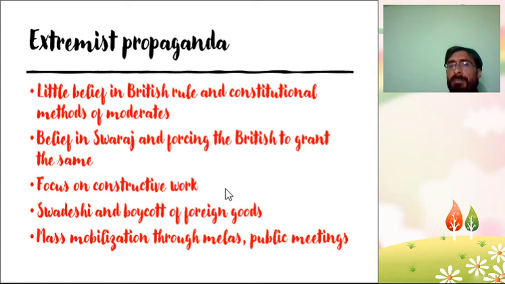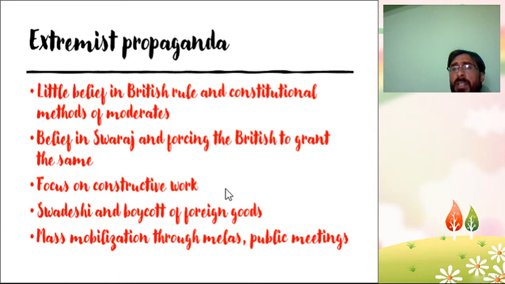to the Indians, and they were seeing the attitude of the government since the formation of the Congress. Therefore, they believed that Swaraj or self-government was the only way where the Indians could make progress.